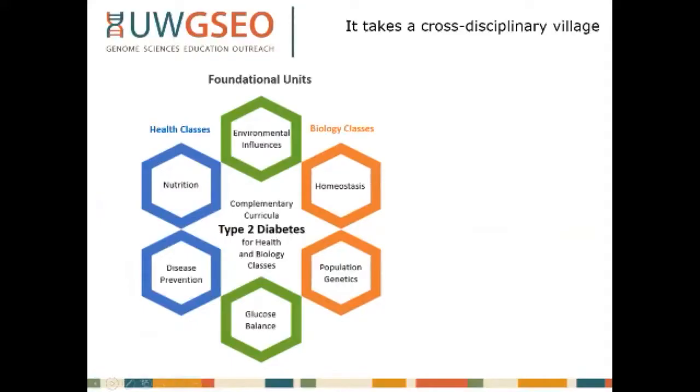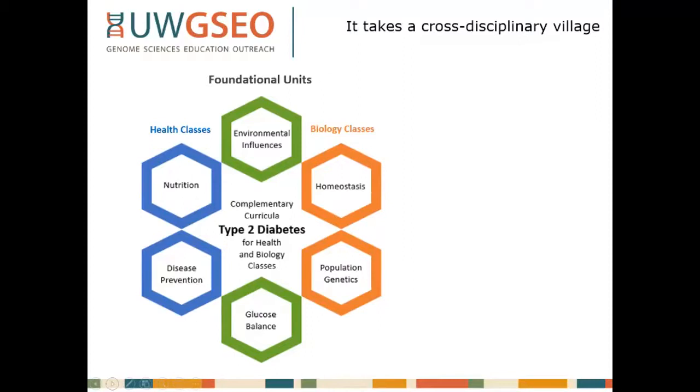As I mentioned, we have been working on two foundational units using type 2 diabetes as the phenomenon through which to teach gene and environment interactions. We have a set for health class, a set of lessons for biology class. They share the same enduring understandings, and they're very much complementary units.